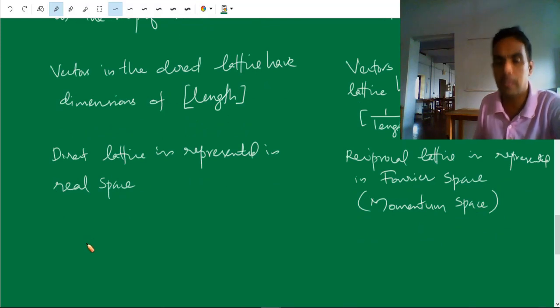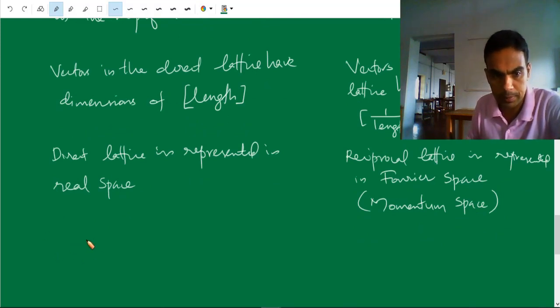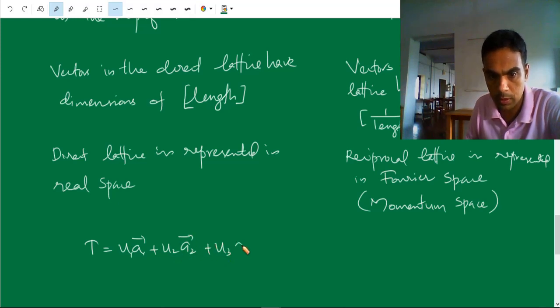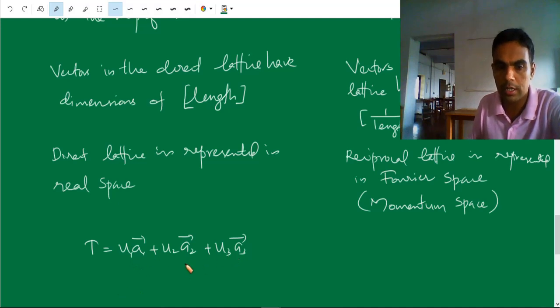Real lattice points are mapped by vectors T equal to u1 a1 plus u2 a2 plus u3 a3, where u1, u2, u3 are integers, and a1, a2, a3 are the axis vectors in the real lattice.